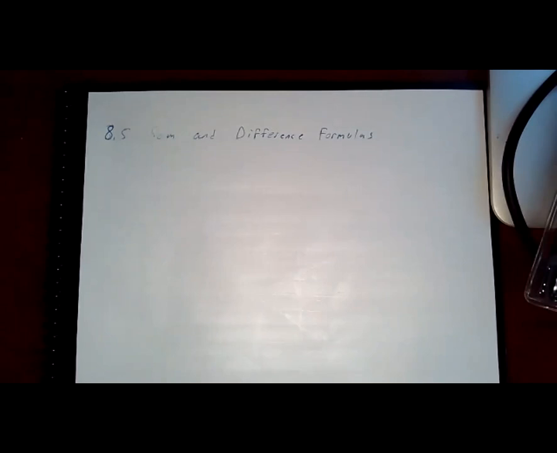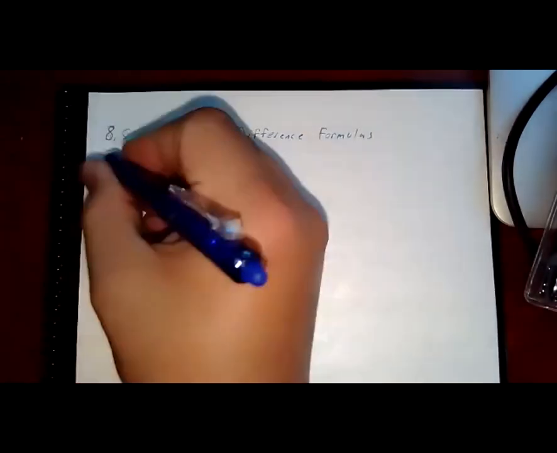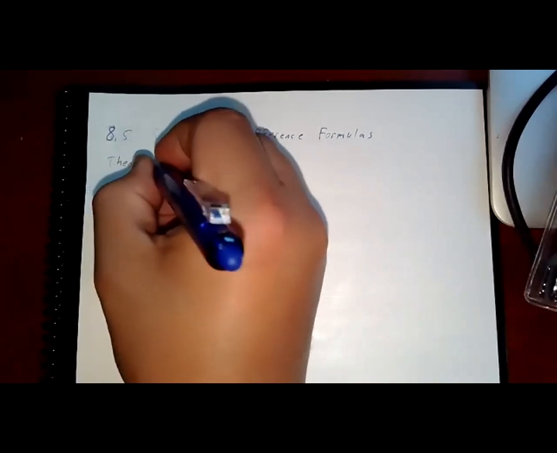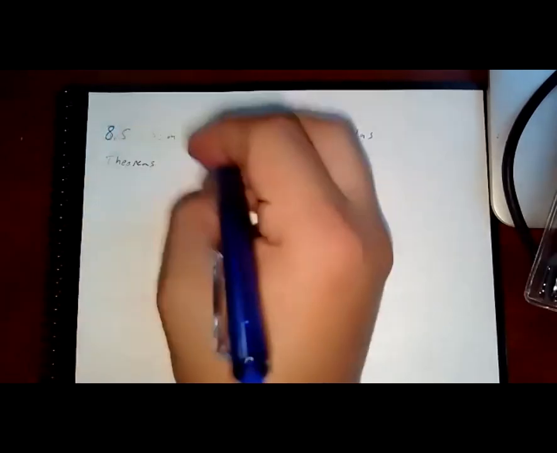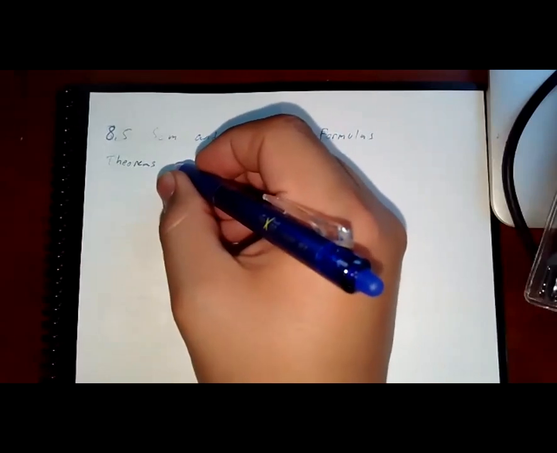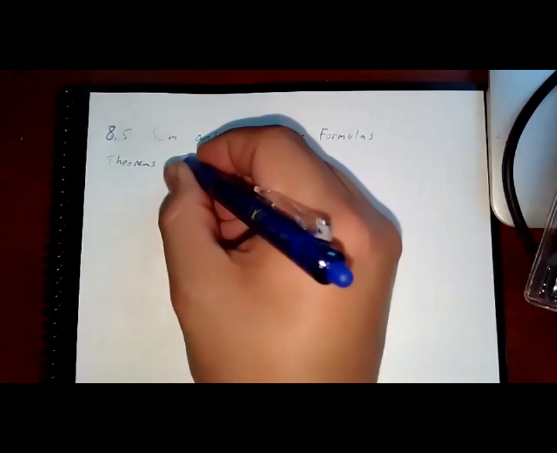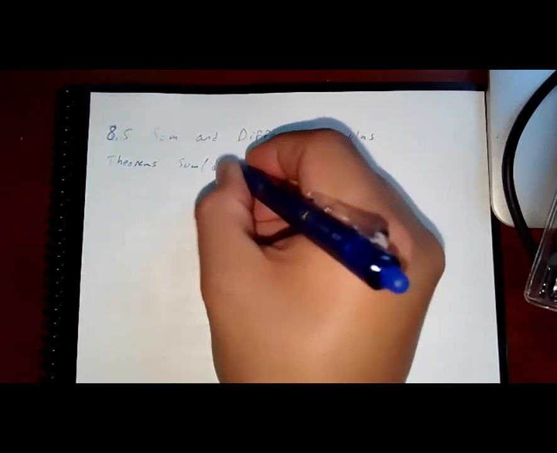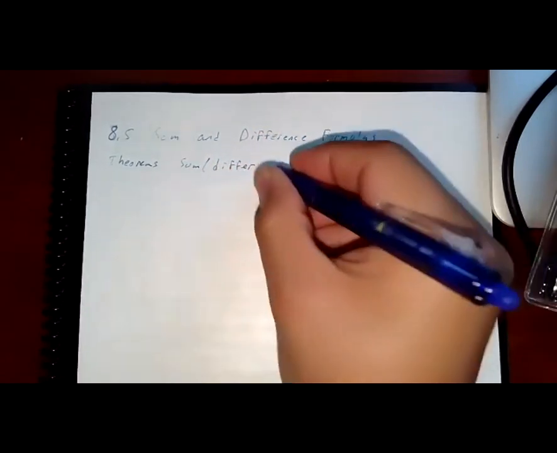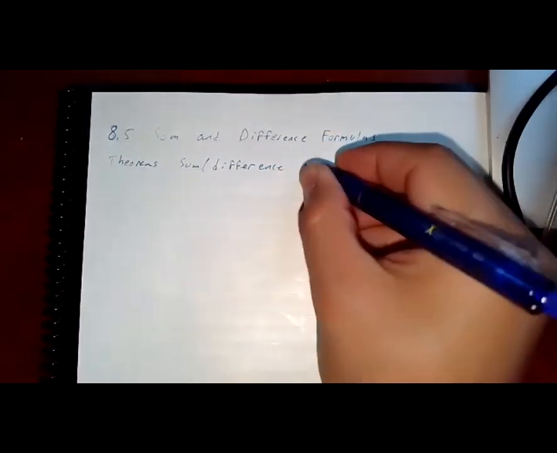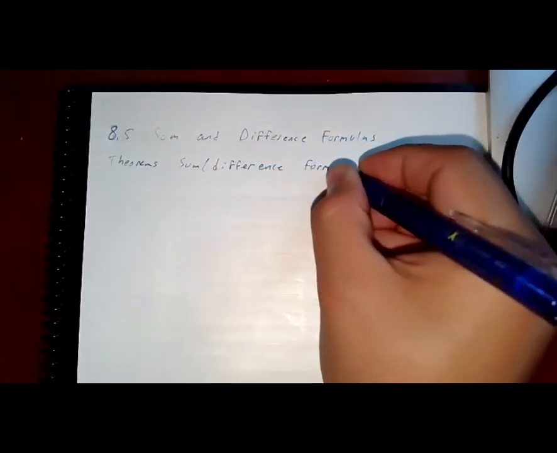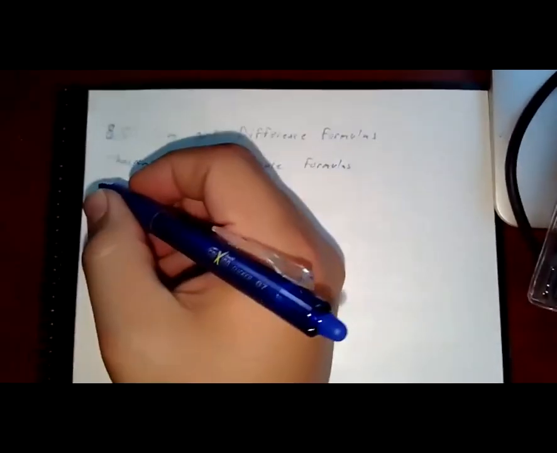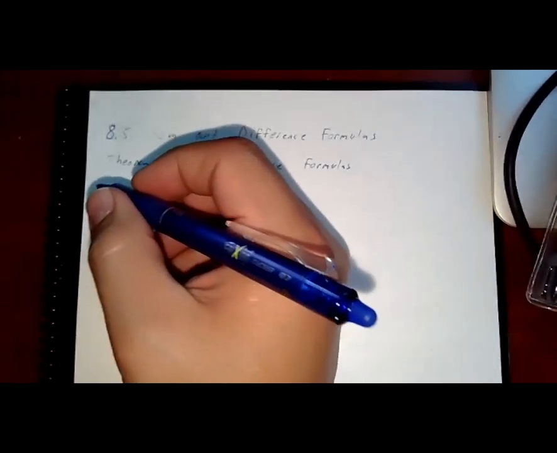Okay, so the sum and difference formulas for cosine are the first ones. Yeah, so we'll do the cosine first, and then we'll do sine.